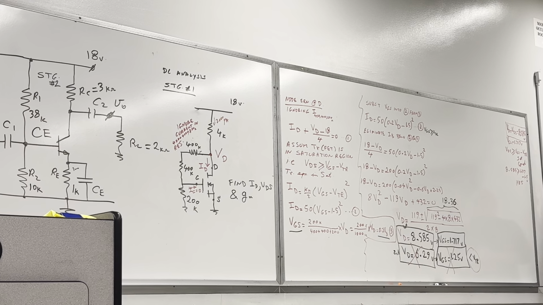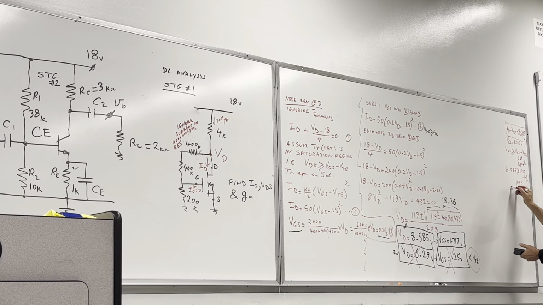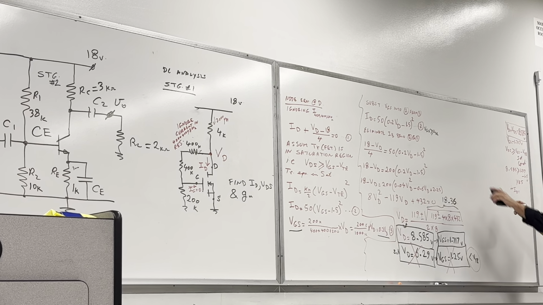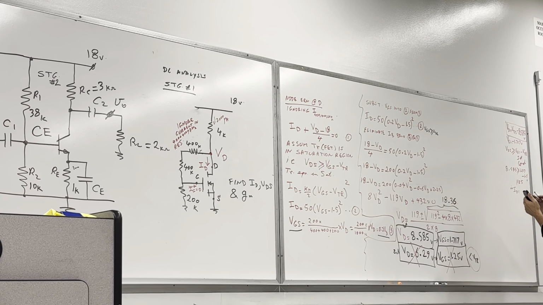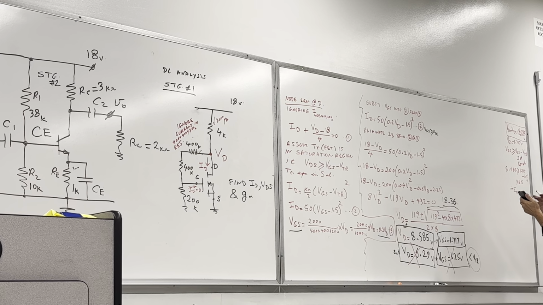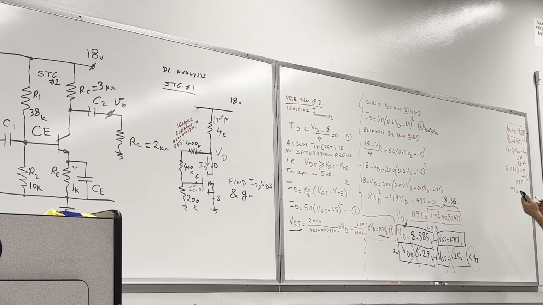And ID, then what's ID? That's straightforward. Therefore, ID will be equal to, we make a substitution over there. I won't write the equation for it, it's just straightforward. 8.585 minus that times 0.2 times 0.2 is equal to that minus 1.5 squared times a 50 here.